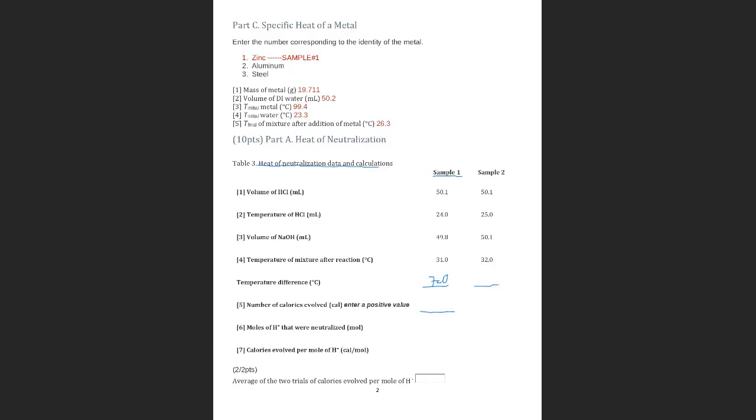What is the mass that you use in the formula, because you are going to use Q equals, when they ask calories evolved, mass times C times delta T. So you will need to know the mass. What is the mass?